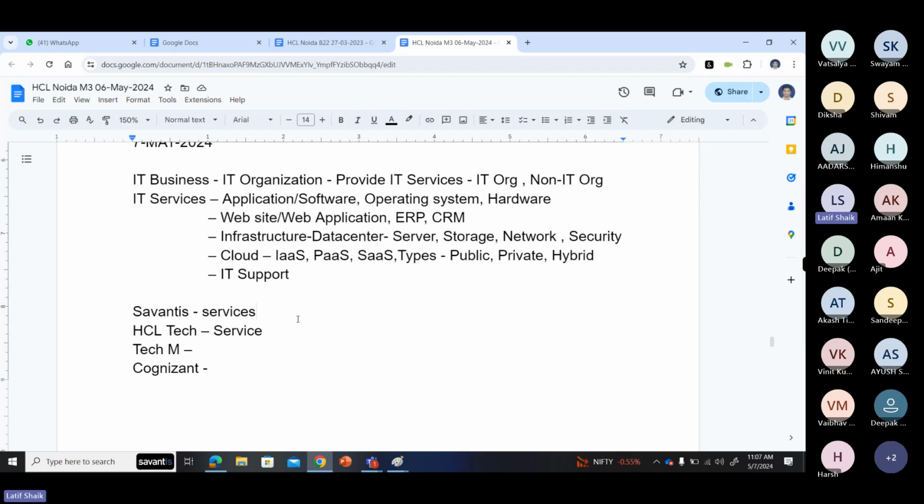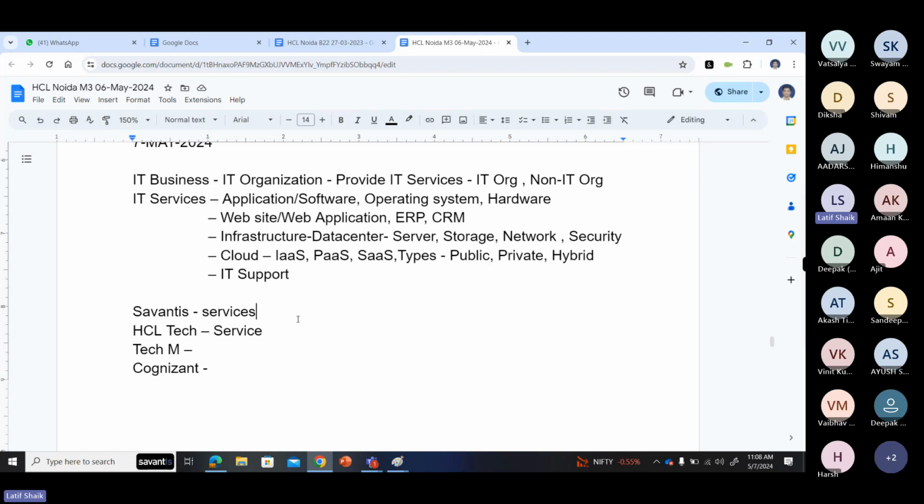Go to the HCL website and you can find what services and customers. The customers are the organizations to whom HCL is providing services.